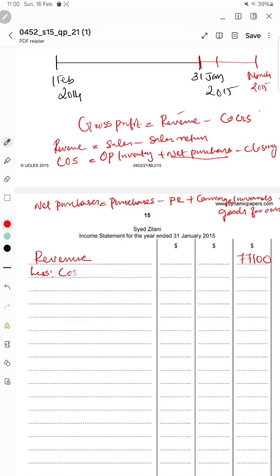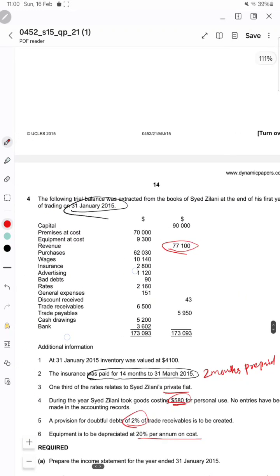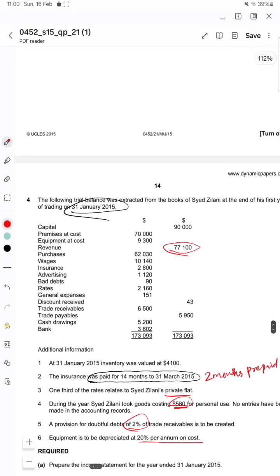Then the next part of the equation, revenue minus cost of sales, to calculate gross profit. So less cost of sales. What is cost of sales? Opening inventory. So start with the opening inventory. Opening inventory will be there in your trial balance, so check if there is any opening inventory available.